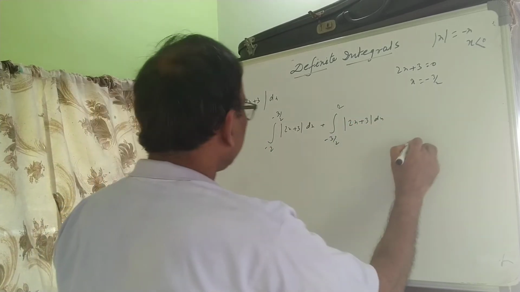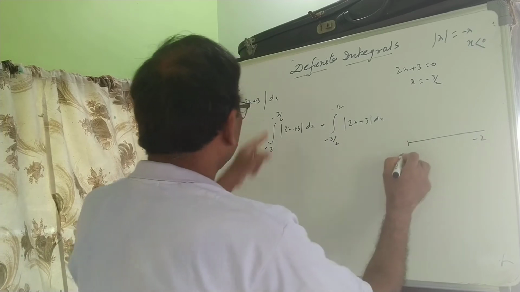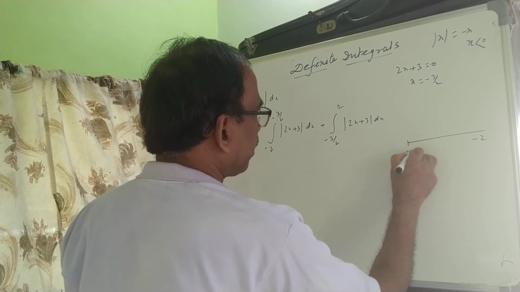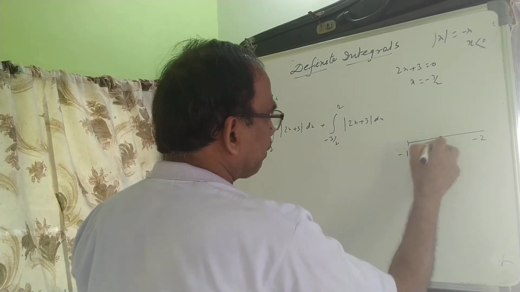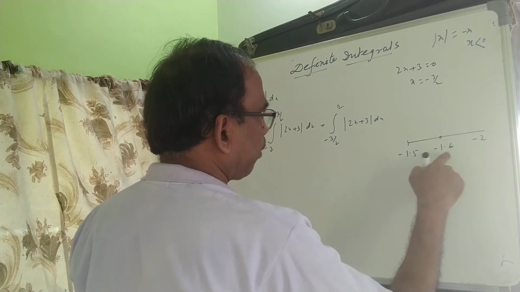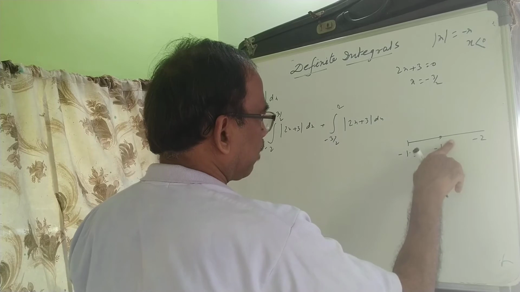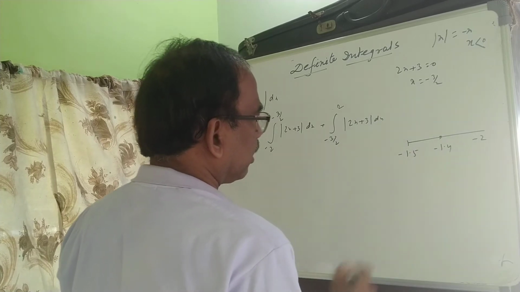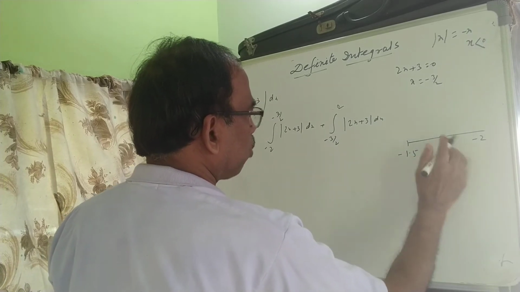First of all, within this interval, minus 2 to minus 3 by 2 means minus 1.5. So within this interval, suppose minus 1.6 is there, and minus 1.4 is there, suppose. But within this interval, suppose there is minus 1.